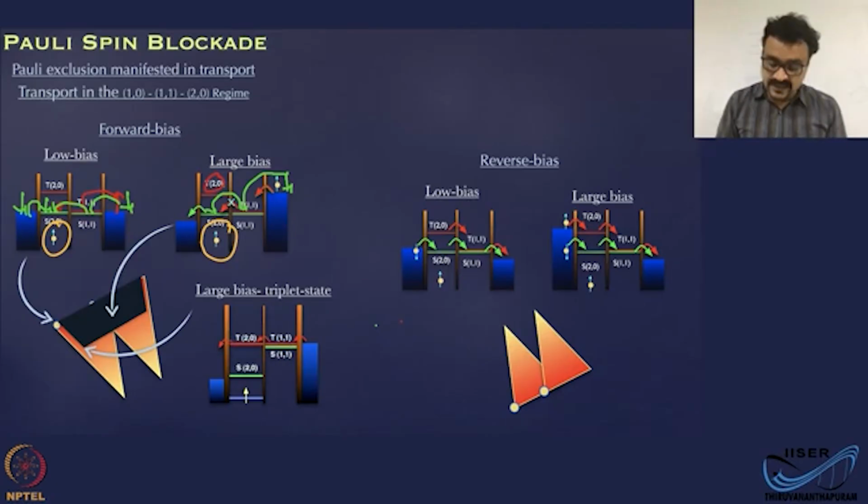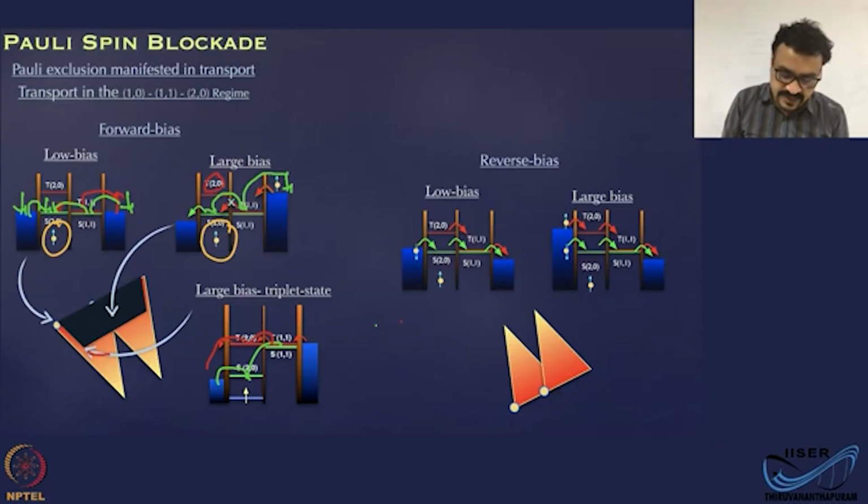Then this triplet, the spin up electron and spin down electron, both actually can go through, because the spin up electron can go through this state and here, and the spin down electron can go through this state and here. So the green one can go here and the red one can go here. Both are possible. That means current will resume, and that is represented by this region here. That is when you are going to get current.